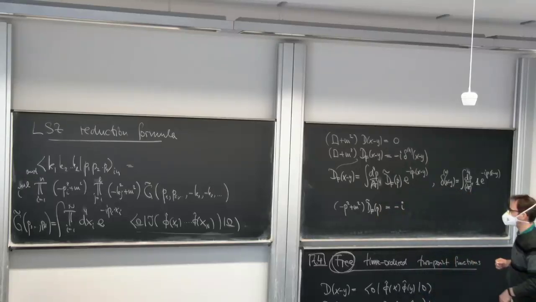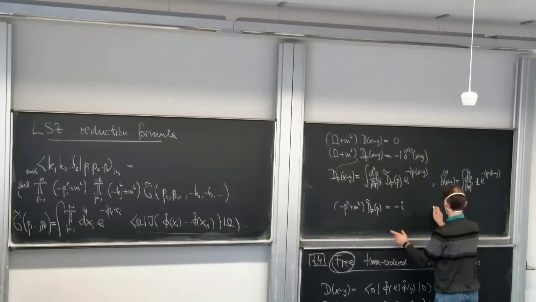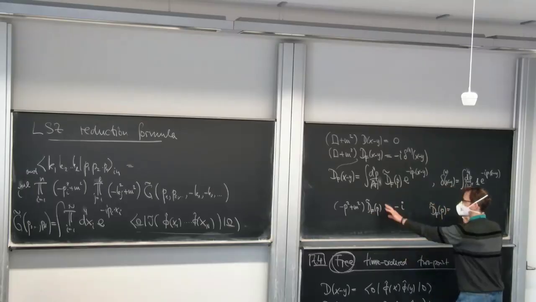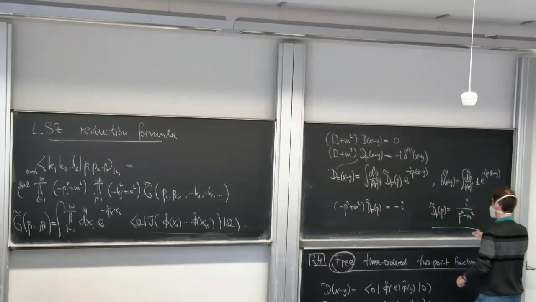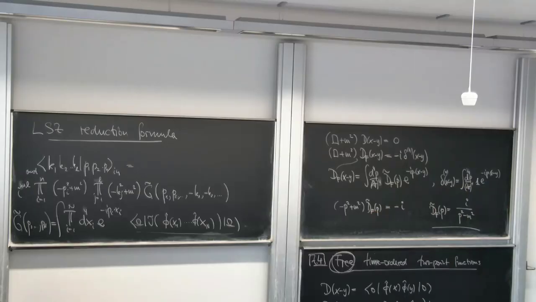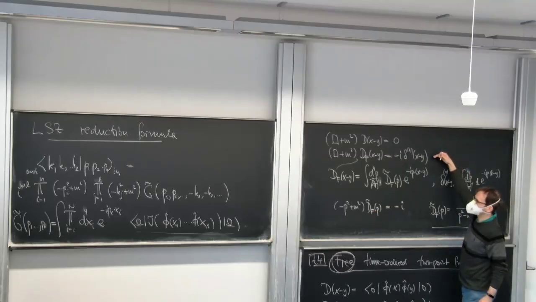And beautiful. Now let's solve it. Now it's algebraic. We can just divide through and absorb a minus sign. It looks like this. There it is. This is the Fourier transform of the Feynman propagator as a solution to this Green's equation.